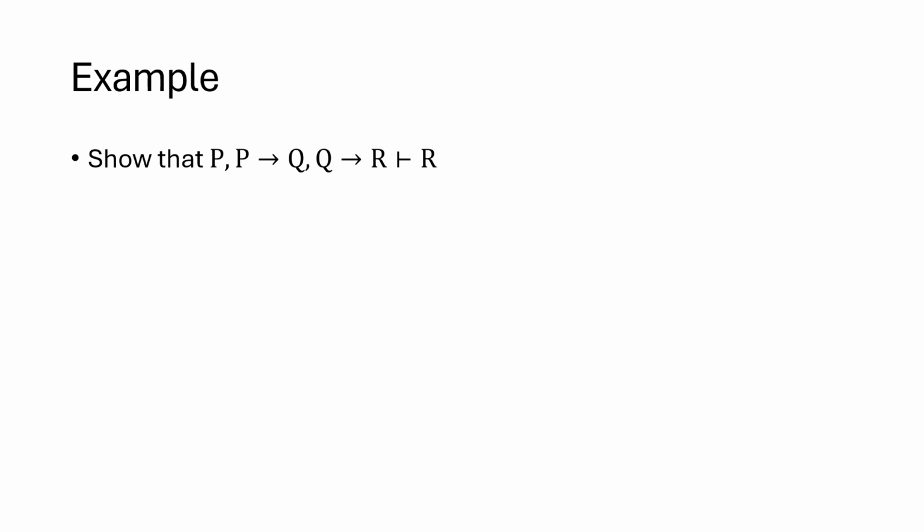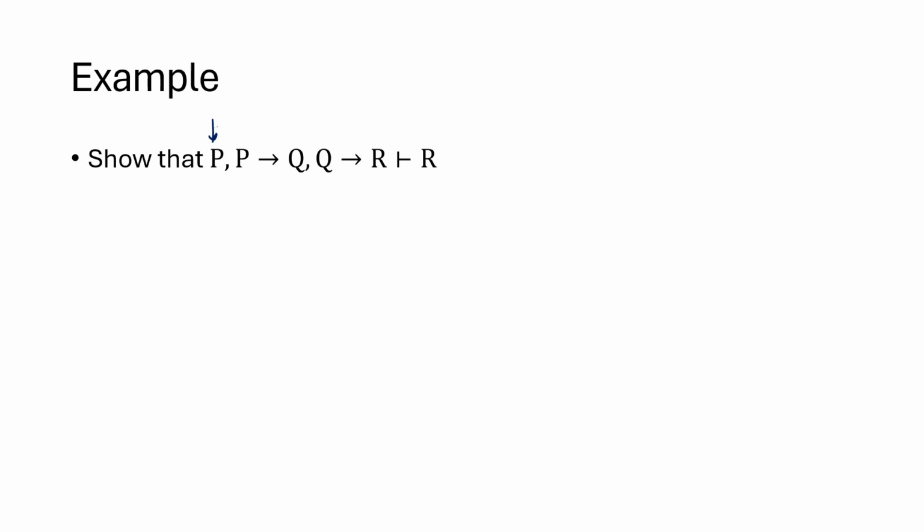We will see these rules used in this example now. Okay, so what do we have here? We have an argument that we want to validate, we want to show whether it's true or not, and it has three hypotheses or premises.